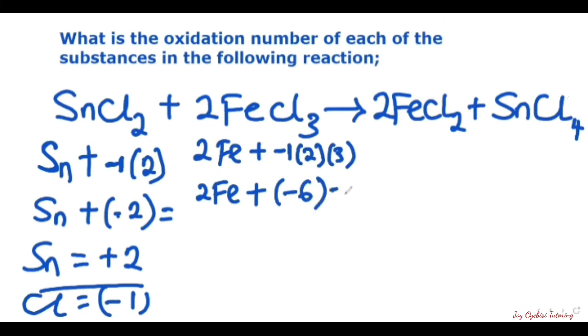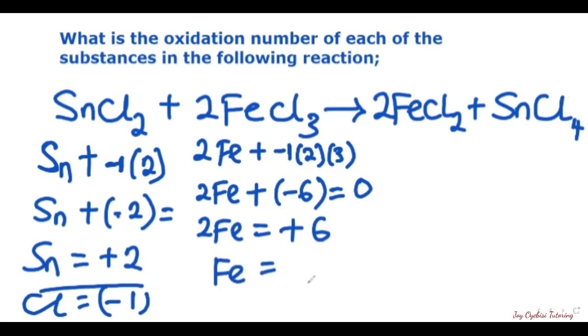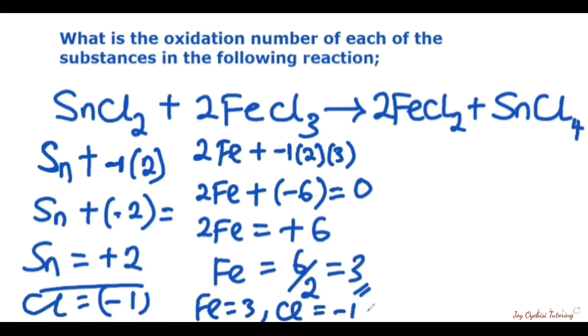So everything has to be equal to 0 too. It's a neutral compound. Now this is going to then be equals to this goes there and it becomes positive. So Fe is going to be 6 divided by 2 and that will give us 3. So Fe is equals to 3, your Cl is equals to -1.